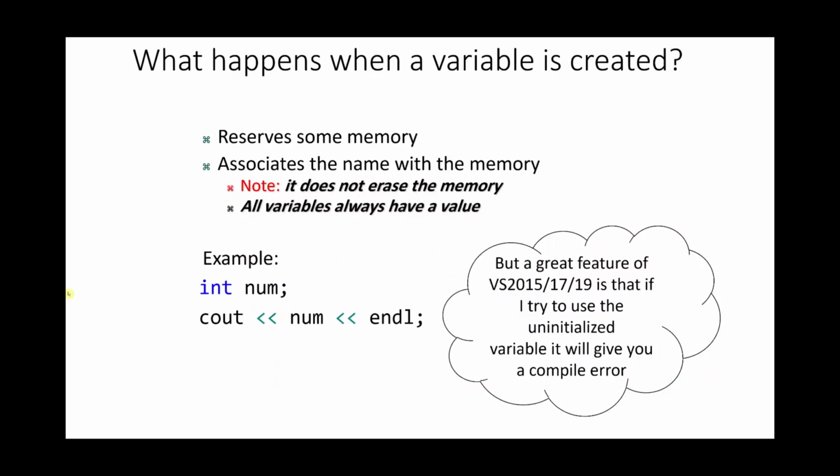Okay, how does that work? First, it reserves some memory. It goes to the memory and reserves it. If we have int num, num is going to point to the first available memory location in the stack, and it associates the name num with that memory.